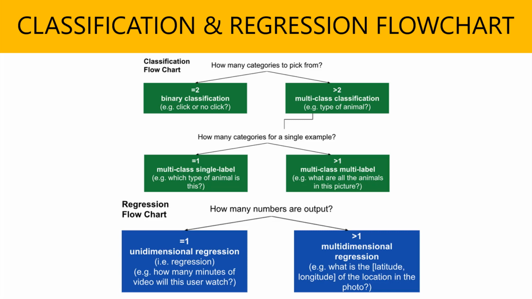And if it's greater than 1, then the question would become, what is the, let's say, latitude and longitude of the location in the photo, right? Because there are two variables, two areas that you're pinpointing, latitude and longitude. Whereas in the unidimensional regression, you're just asking for one output, right? The minutes the user will watch.